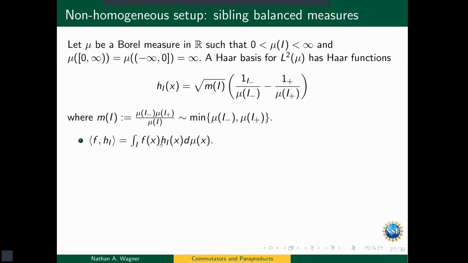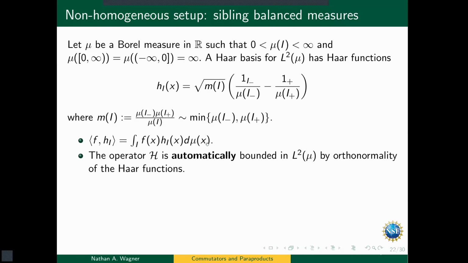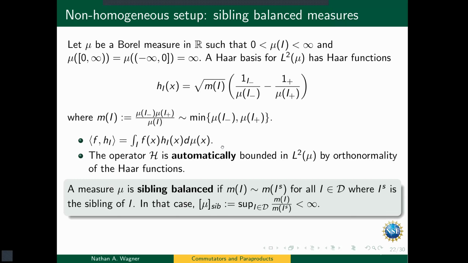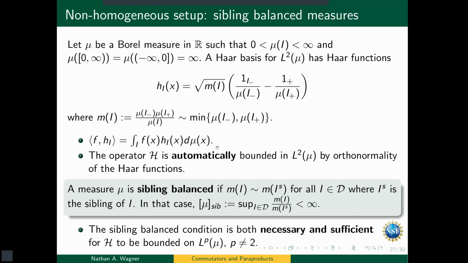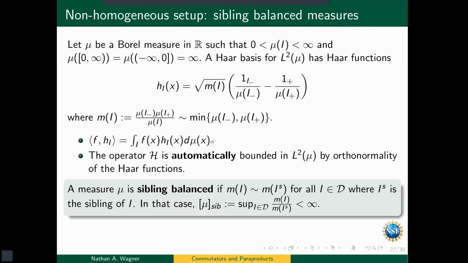And all of these inner products, for example, are with respect to the measure mu. The first basic question that was looked at in a previous paper is, when is this operator H bounded? Well, it's bounded automatically in L2 mu by orthonormality of Haar functions. But it's not necessarily bounded in LP mu.